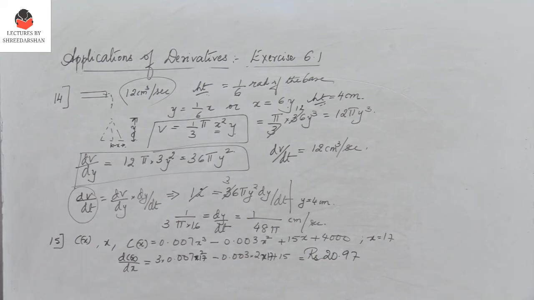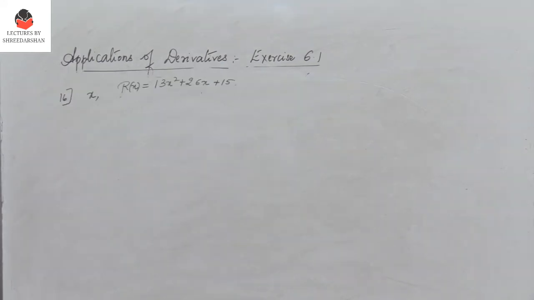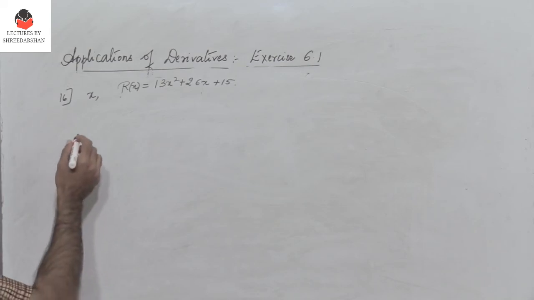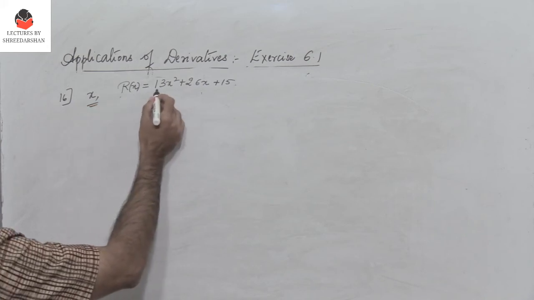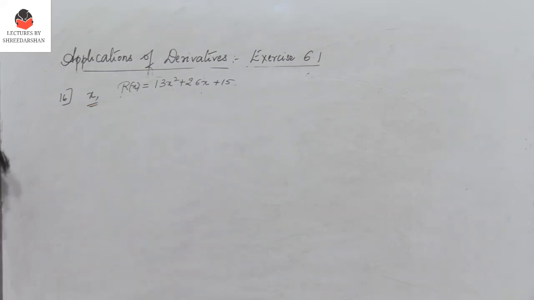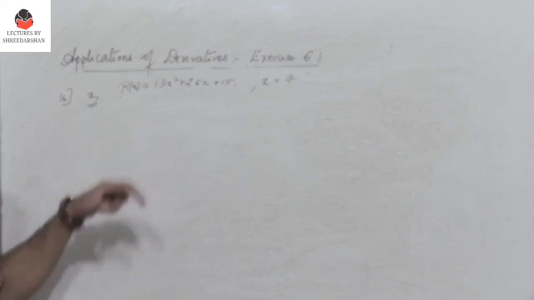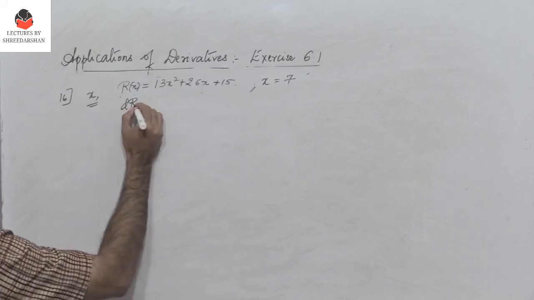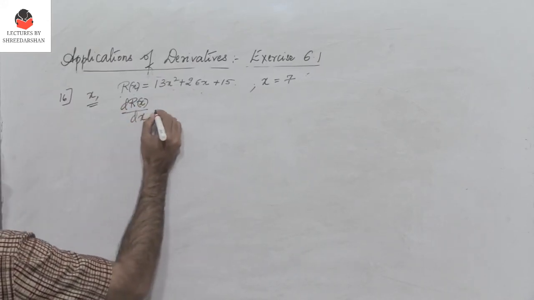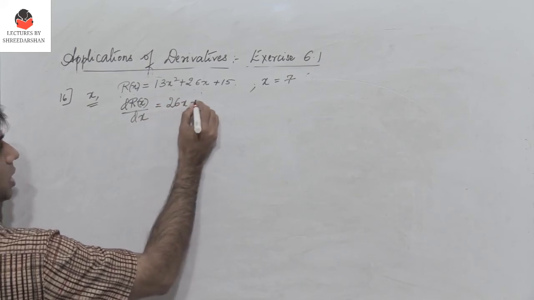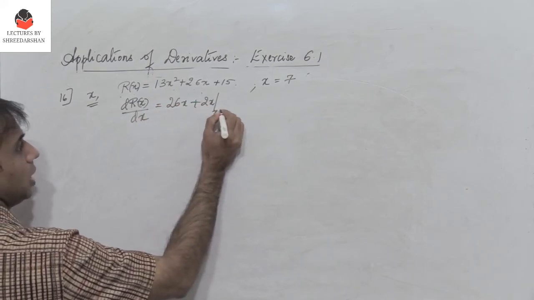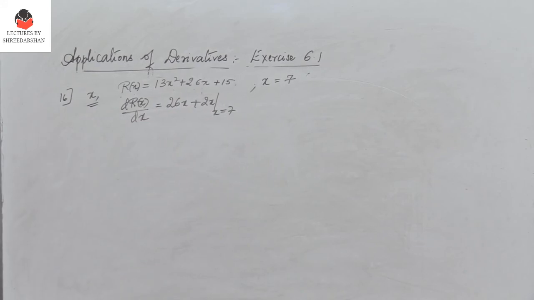Okay, so similarly problem 16. Problem 16 states that the total revenue in rupees received from the sale of x units of a product is R of x equals 13x square plus 26x plus 15. And we need to find the marginal revenue when x equals 7. So this is a very simple problem where I differentiate dR of x by dx, which is 26x plus 26, and put the value of x equal to 7.